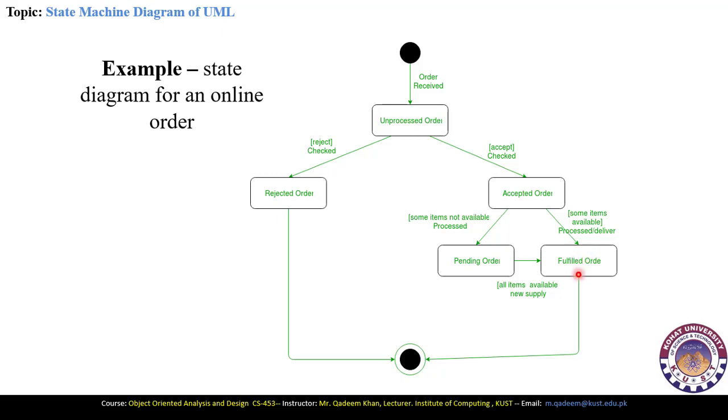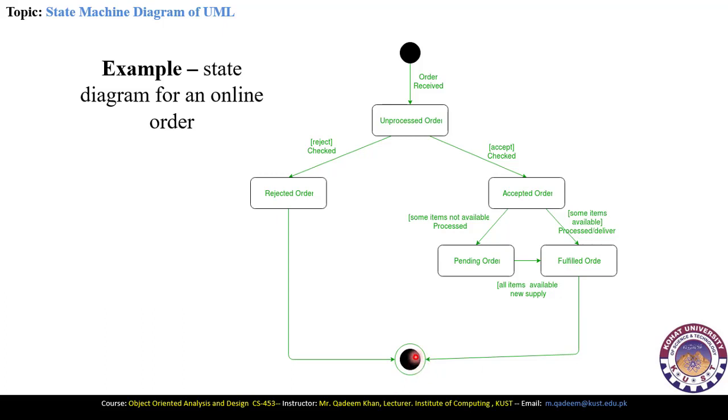And then after fulfilling the order, the order will be dispatched, and then the final terminating state will be called here. And if the order is accepted and some items are not available, then the order will be pending, and after the availability of the items, when all items are available and the new supply is provided, then the fulfilled order state will be called here, and then the state machine will be finished.